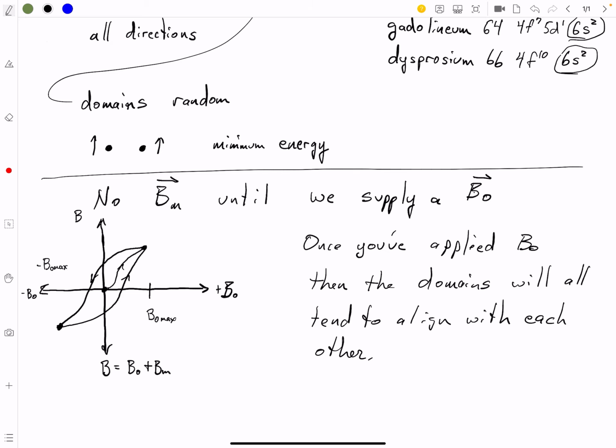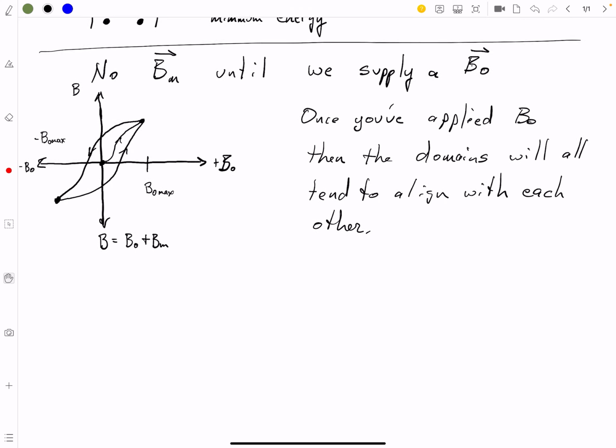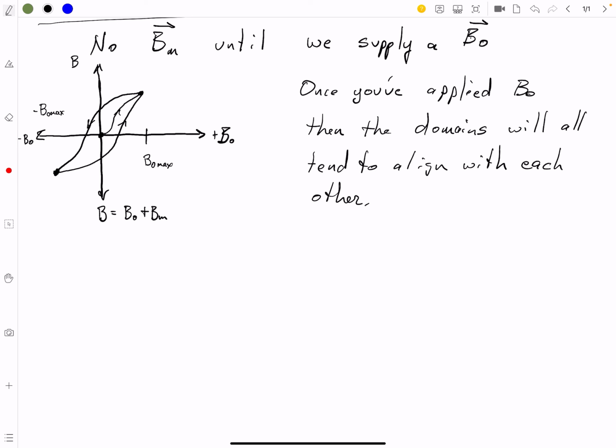And let's go up just a little bit. So hold on, before we do, hysteresis.